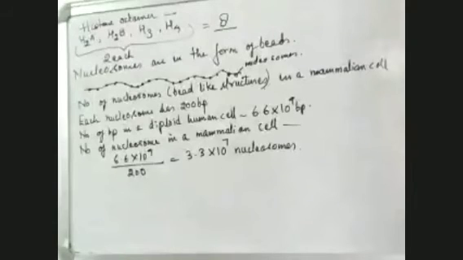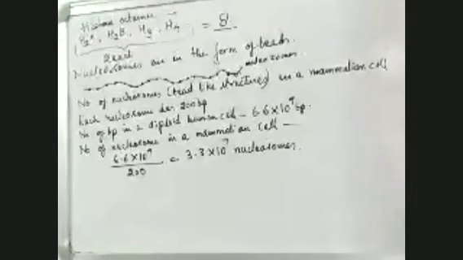Out of these 200 base pairs, 146 are around where? 146 around the octamer. Yes. And where do the remaining go? That is in the linkers.